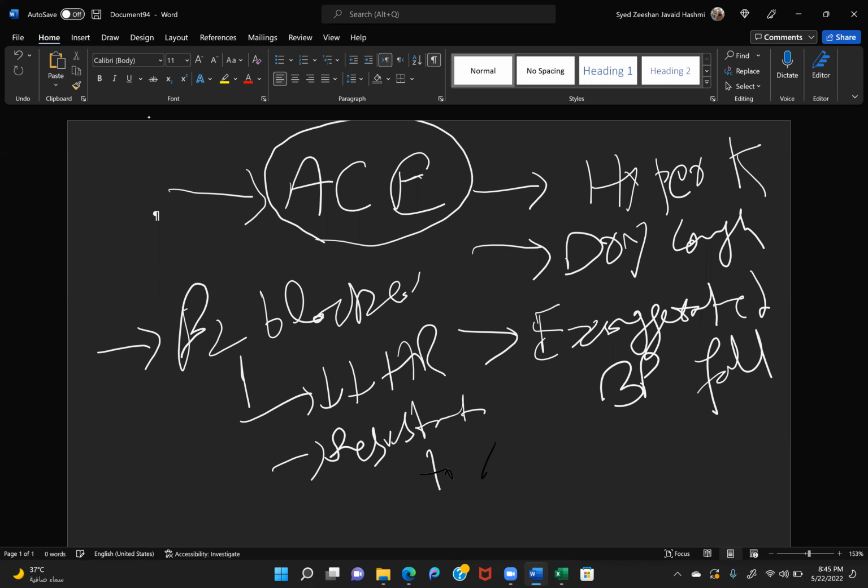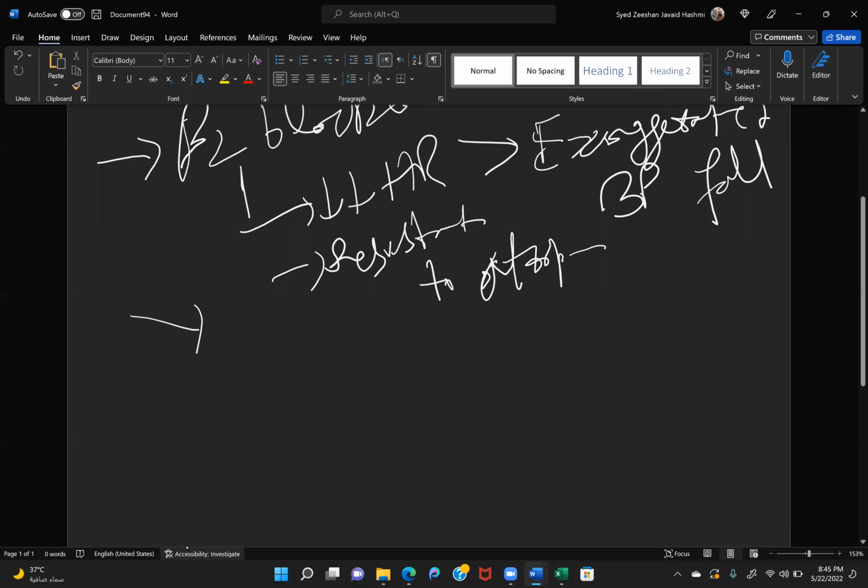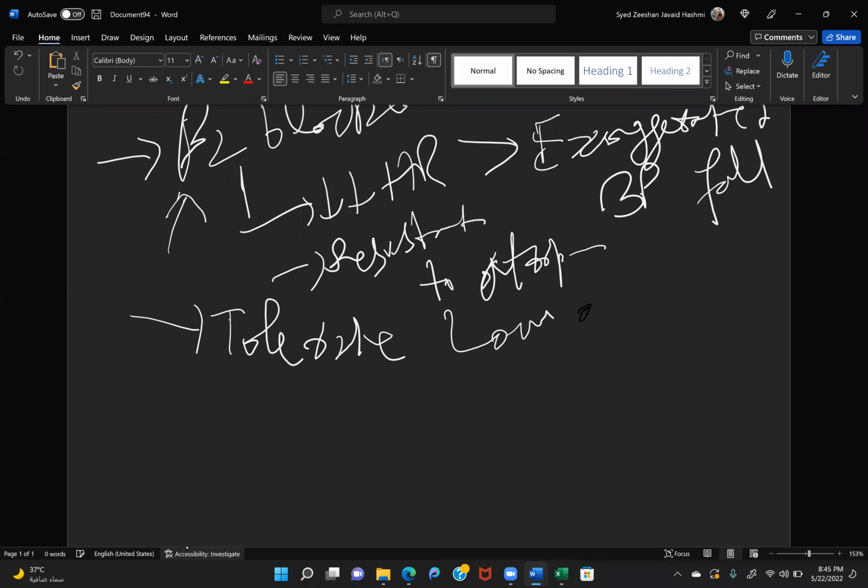Atropine, intraoperative, yes. And if the patient is simultaneously taking a calcium channel blocker, there will be exaggerated chances of bradycardia. Another thing is that you have to tolerate lower heart rates. Why am I using this word, lower heart rates?